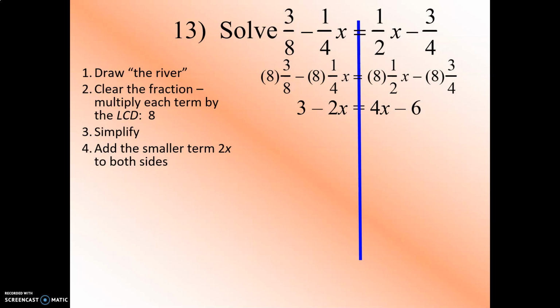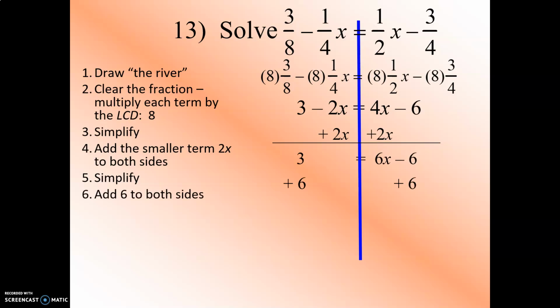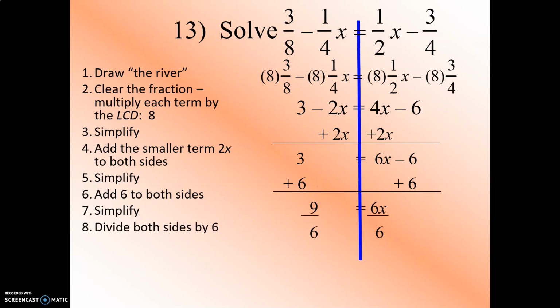Okay, we're going to keep the smaller term. We're going to keep the 4, but get rid of the smaller term 2x. Simplify. Bring down. Add 6 to both sides. Simplify. And bring down. Divide both sides by 6. Simplify. And bring down.